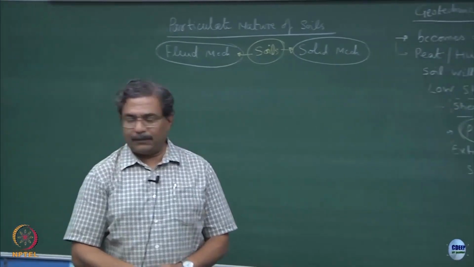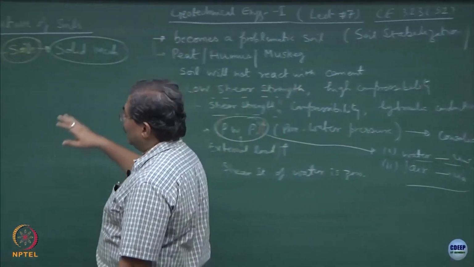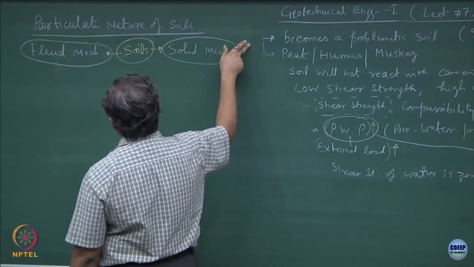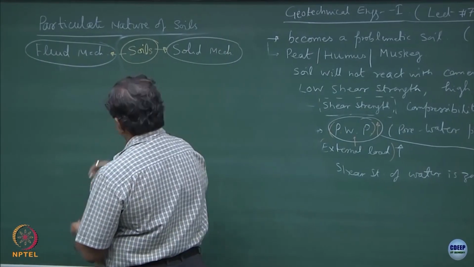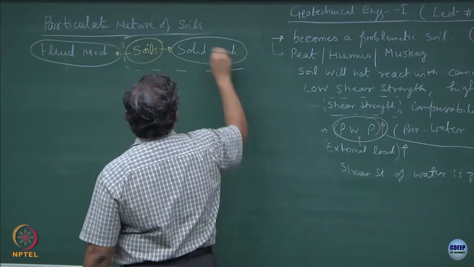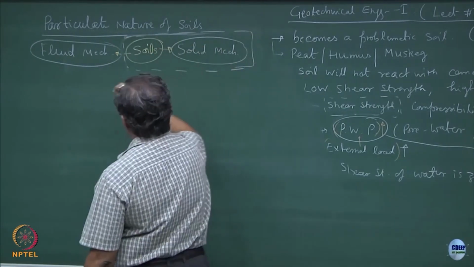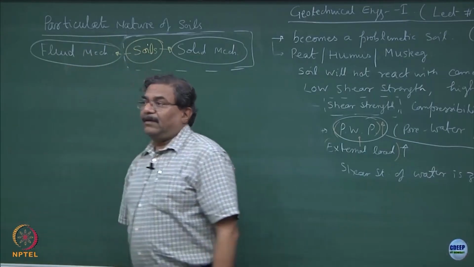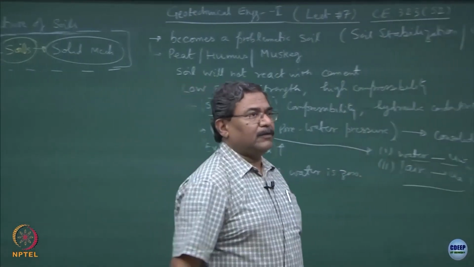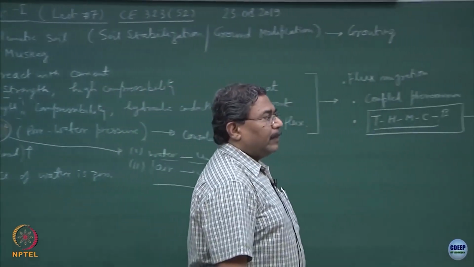Did you understand this concept? Unfortunately, conventional geomechanics only deals with this state, but most of the projects in civil engineering you will find are related to slurrification of soils, making different types of emulsions, different types of slurries.